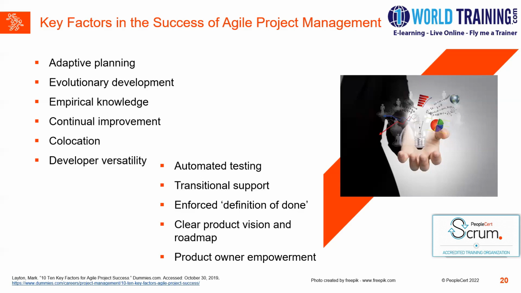There are daily stand-up calls happening across. There is multiple coordination required among the team members, and it is always recommended to have all the team members sitting in the same location and in the same area. So co-location is again an important factor for the success of agile project management.